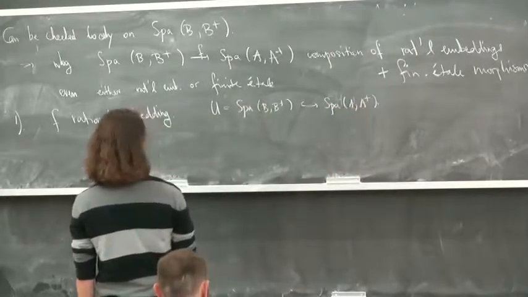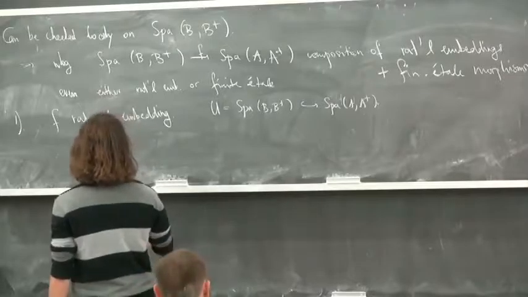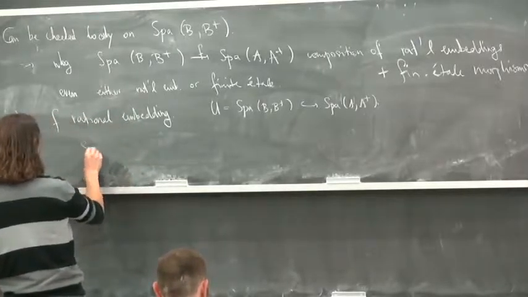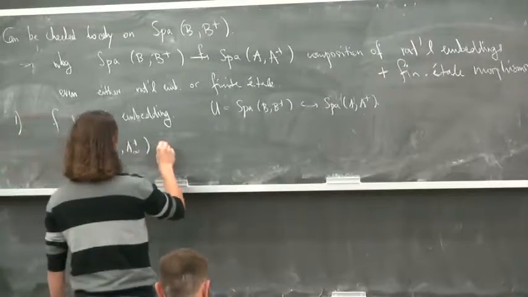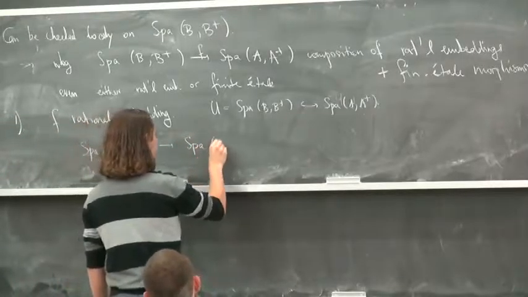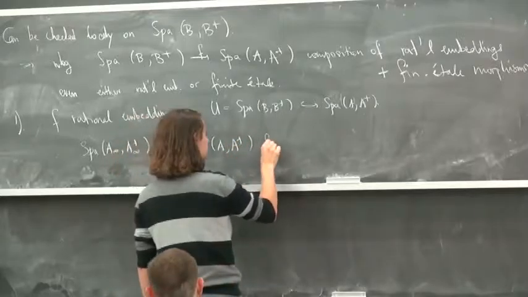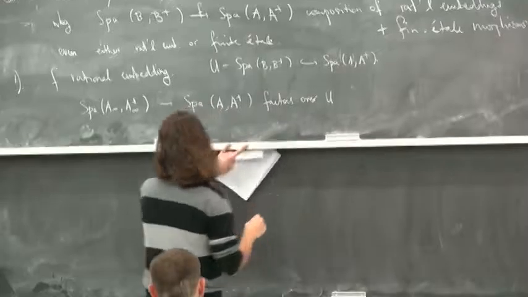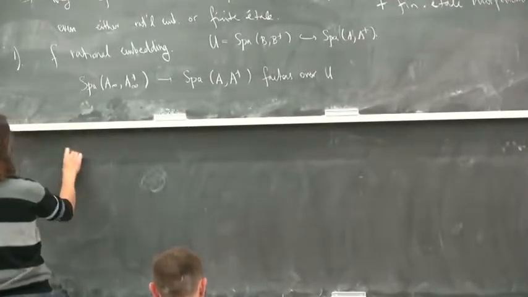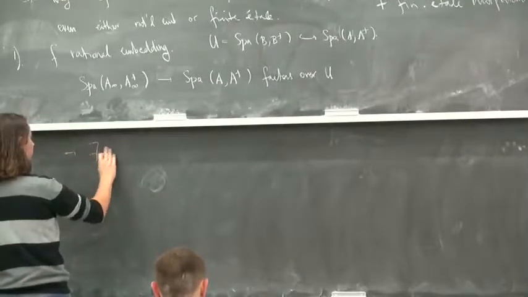And so what you have to show is that Spa A infinity, A infinity plus to Spa A, A plus factors over U implies that already this happens at a finite level, for some i in I.